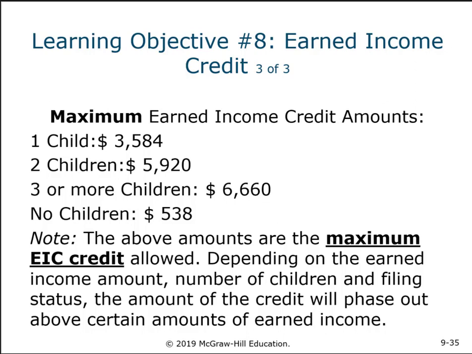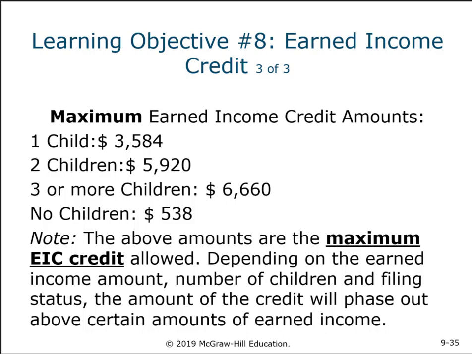So what happens is, as your income increases, your earned income credit increases until you reach a certain threshold, and then it plateaus over a certain period of time, and then as your income continues to increase, the amount of the credit is reduced until it gets to a certain level of income, 0, depending again on your filing status, okay, and the number of children.